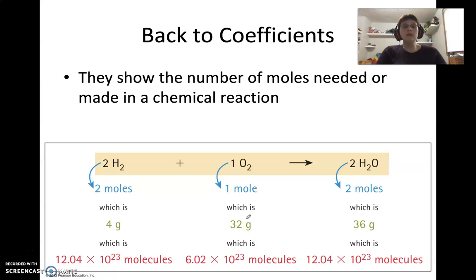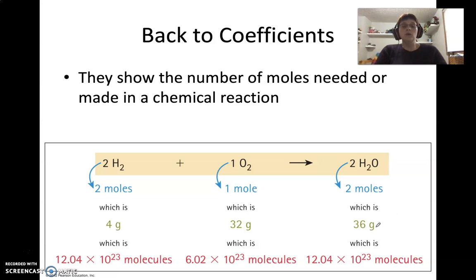So we can figure out what these are based on the atomic mass that we can convert to molar mass, and then we can figure out the ratios and what we need based on what's in the formula.